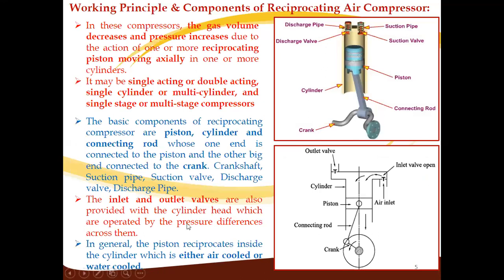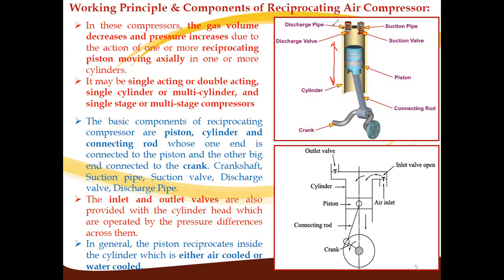Now we will see the working principle behind this compressor. If you see an air compressor, these are the main parts. We have a cylinder, then this is the piston, this is the crank, and this is the connecting rod. The piston moves inside the cylinder. If it is a vertical cylinder, it will have up and down motion.